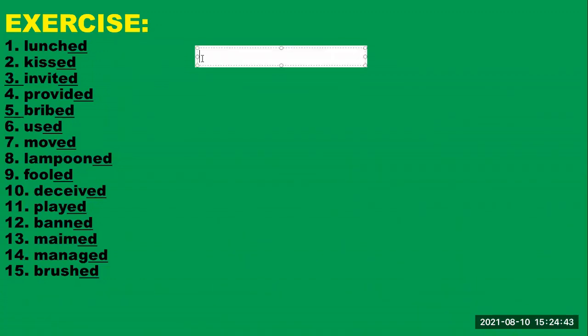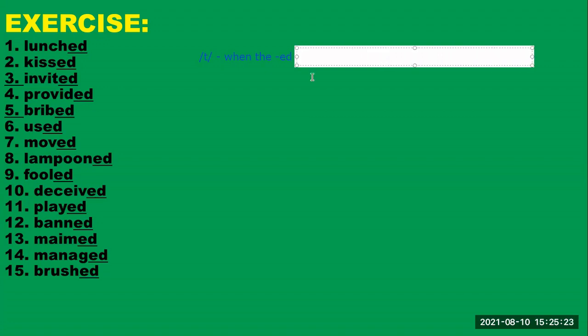Rule number 1 is the rule that has to do with T. The sound ED is pronounced as T when ED comes after a voiceless consonant. All right, that's the rule.